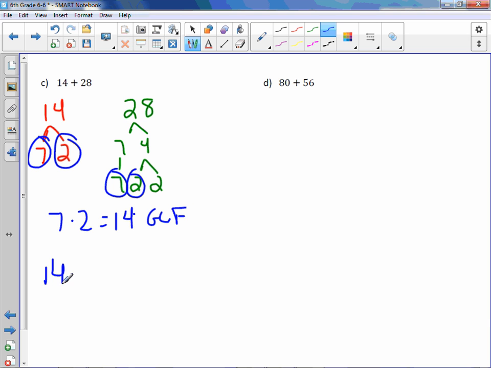So 14 is on the outside of the parentheses. Now here, we have nothing left. But we actually do have something. There is an invisible 1. So when everything is gone, remember, 1 is also a factor of 14. So 1 would be remaining. Bring down the plus sign. On the 28 tree, we have a 2 remaining.